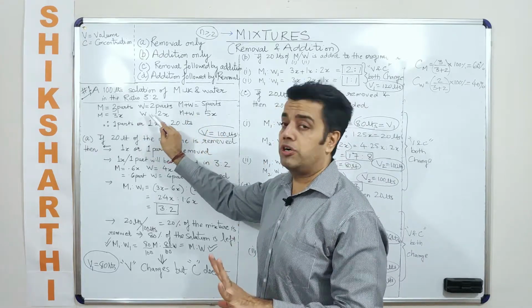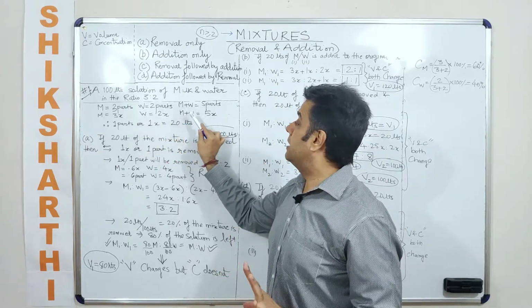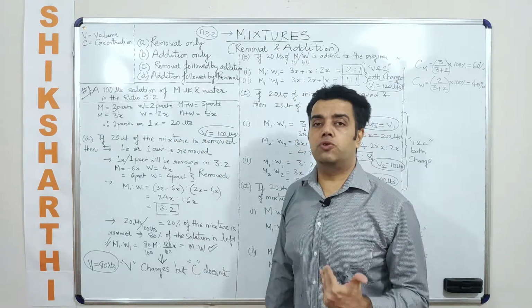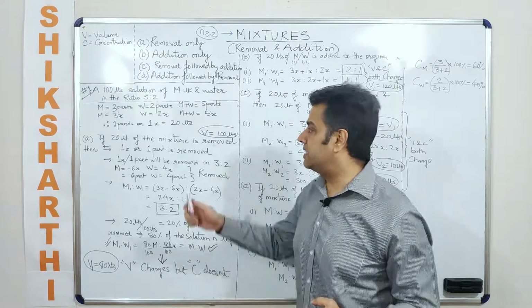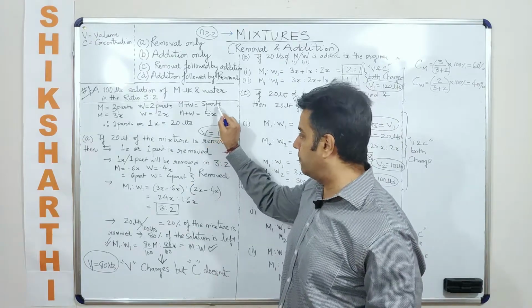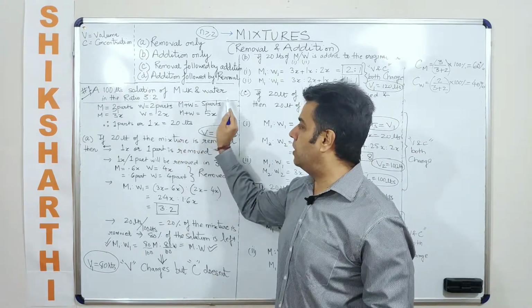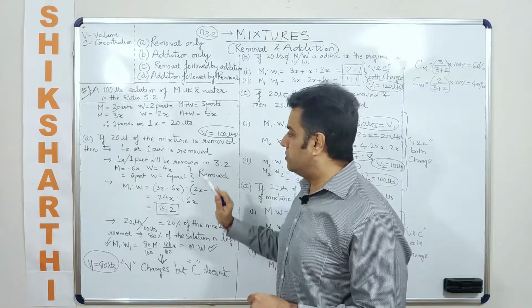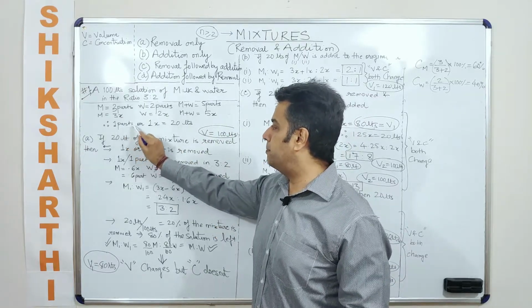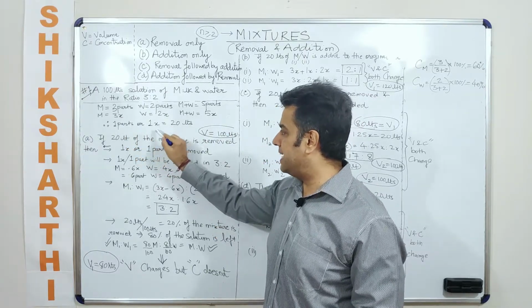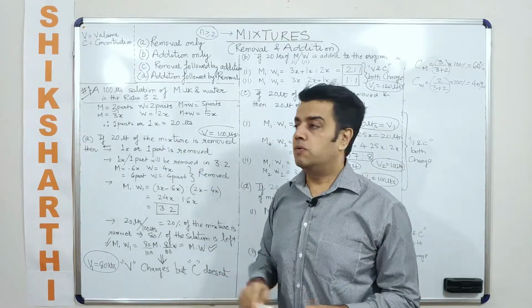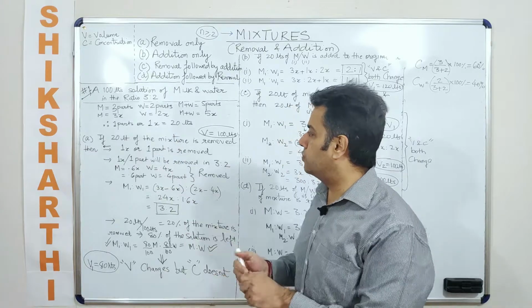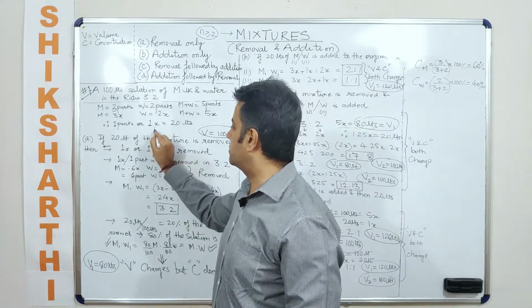Since I have only 2 ingredients in this mixture, the total volume here is 5x or 5 parts, which is equal to 100 liters. Thereafter, I'll be able to say that one part or the value of 1x here is how much? 20 liters. What is this known as? This is known as the proportional constant.